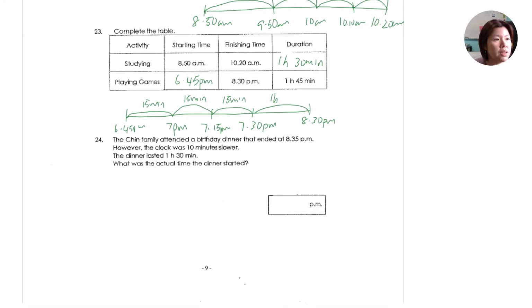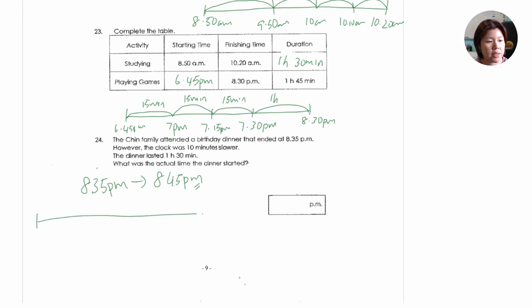Okay, so here question 24. The birthday dinner ended at 8:35, but the clock was 10 minutes slower. So actually the timing should be 8:45 p.m. This is the actual timing.